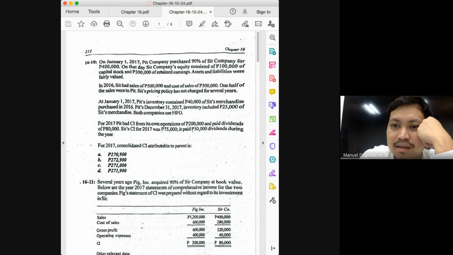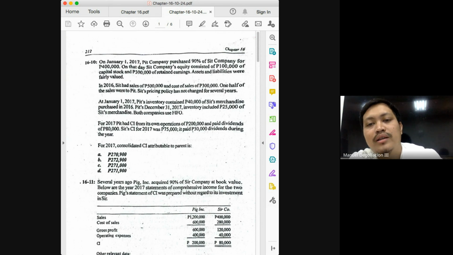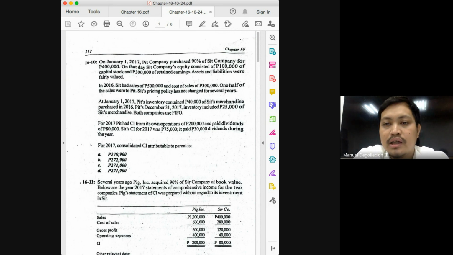So in this case, class, there will be no difference between the fair value and the book value, meaning there will be no excess to amortize. So that means the only adjustment that will happen here would be the adjustment from your intercompany sale of inventories. And again, what are the two possible adjustments arising from intercompany sale of inventories? The markup on beginning and the markup on ending.